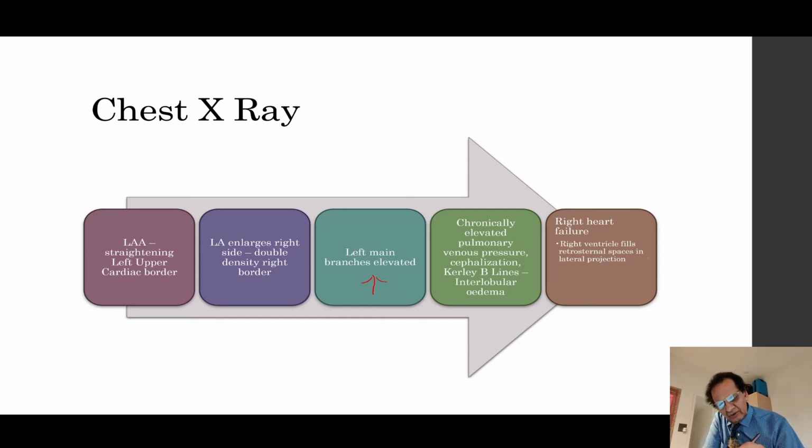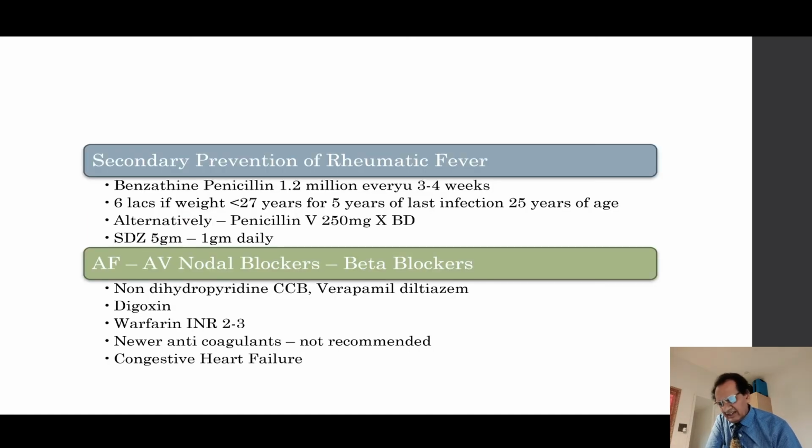Right heart failure will cause the retrosternal space to fill in the lateral projection, and it is also above the diaphragm, very clearly seen. So LA appendage, left atrial enlargement, right ventricular enlargement, cephalization of the pulmonary veins or Kerley B lines, these are all present as far as the X-ray is concerned.